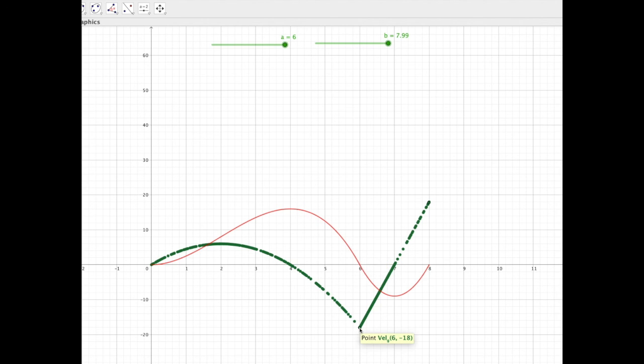Then at this point it's going in the negative direction, so it's moving away from the starting point until we get to t is 7, and then the velocity goes through 0 to become positive, and so it moves back towards the starting point.